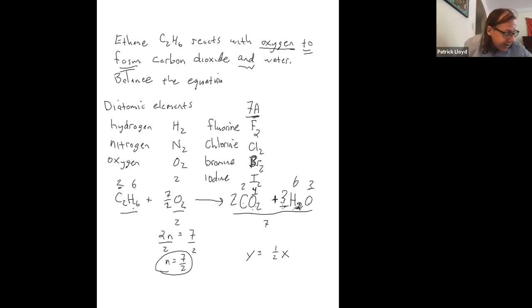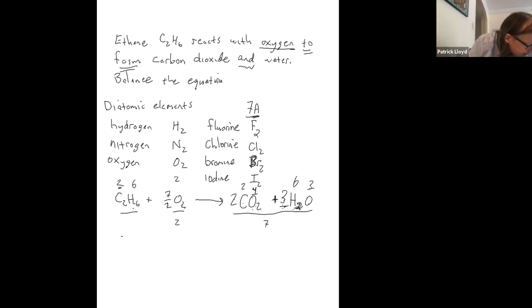What you would do is you would multiply everything by 2. And you get 2y equals 2 times 1/2 is 1, and you get x. So now you've answered your question, right? We're going to do something very similar to that here. To eliminate the fraction, to eliminate the half, we're just going to multiply everything by the smallest number possible to eliminate it. So what I'm going to do is I'm going to rewrite the equation here.